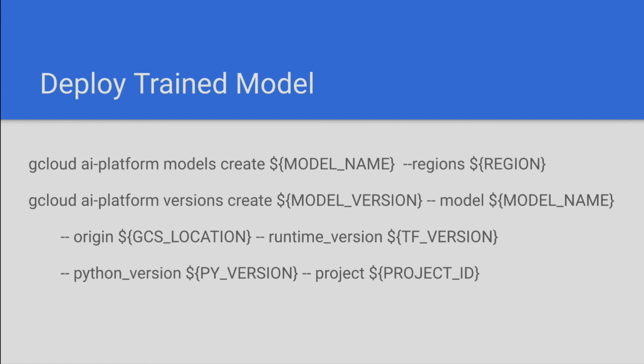And I'll advise that you go and take a look at the documentation for gcloud AI platform, because it will let you do your model training. It will let you test out your model, and it will let you deploy your model. So what we're seeing here is your model deployment, gcloud ai-platform models create.